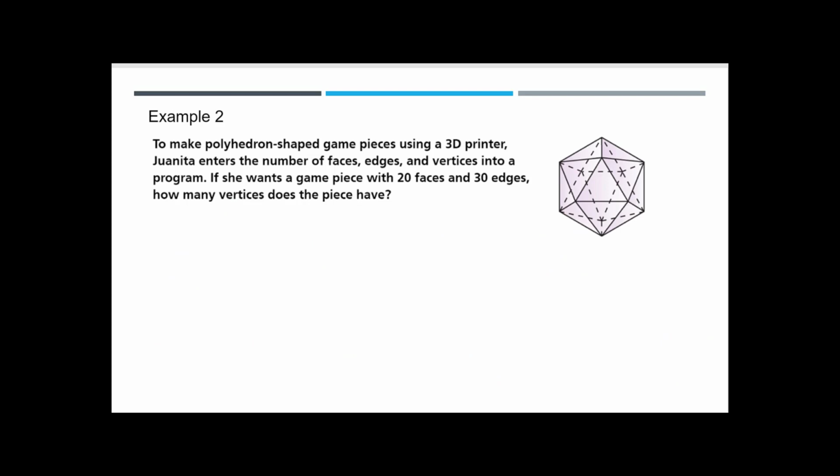Example 2. To make a polyhedron-shaped game piece using a 3D printer, Juanita enters the number of faces, edges, and vertices into a program. If she wants a game piece with 20 faces and 30 edges, how many vertices does the piece have? So we'll start with our formula. Faces plus vertices is equal to edges plus 2.